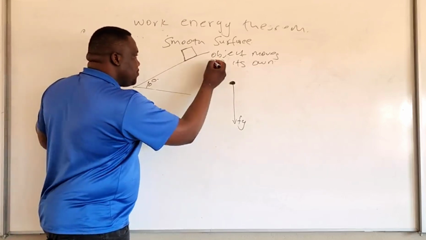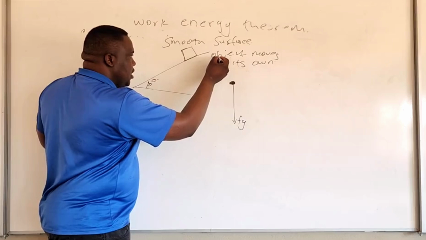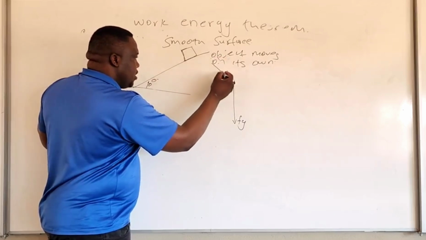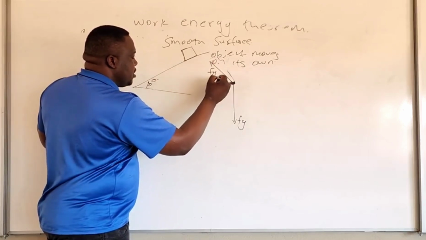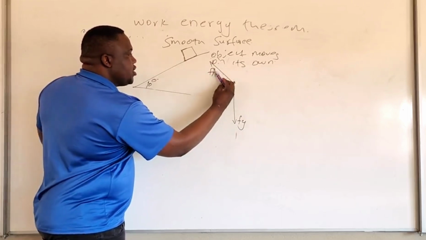Okay, so we're going to have our own gravitational force, which will be like that. Our normal force like that. Gravitational force is this one. Why am I drawing this line to point in this direction?